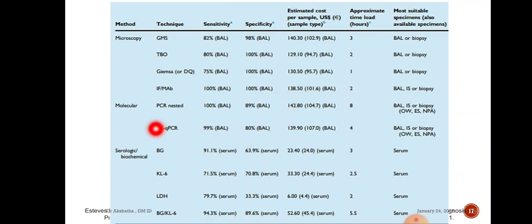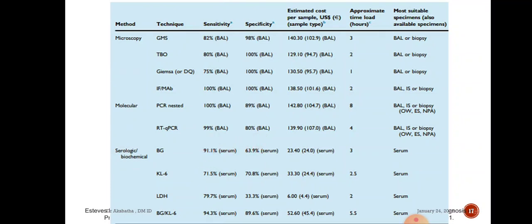Then the molecular method, PCR, is very sensitive and has a good specificity, but as I have mentioned, it is difficult to differentiate colonization from infection, and as usual it is not available in most of the labs. When you look at the serological or biochemical markers, beta-D-glucan can be used.